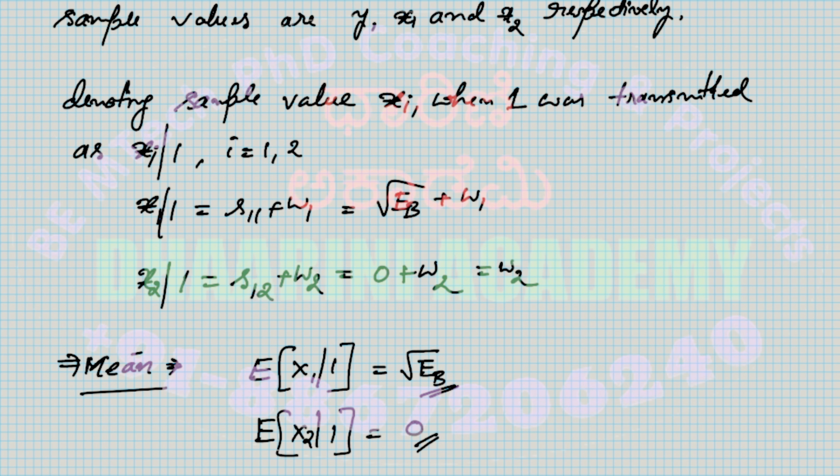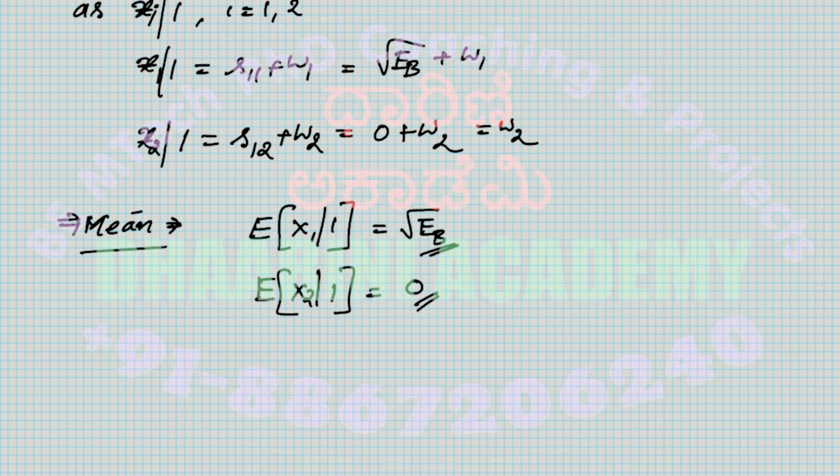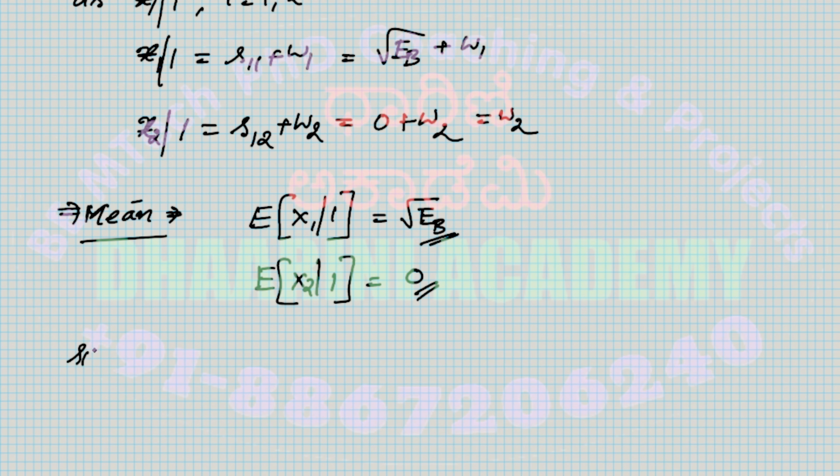Okay, similarly, we try to denote that. We already have given that y is equal to x1 minus x2, correct? So let's try to denote that. Since y is equal to x1 minus x2, I can write the mean of y in the following way.